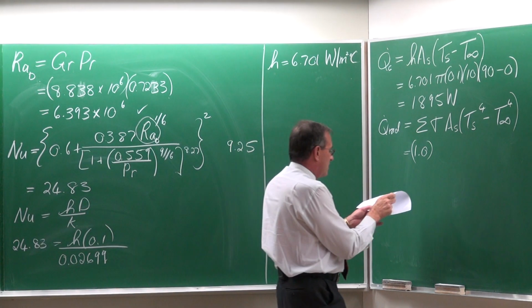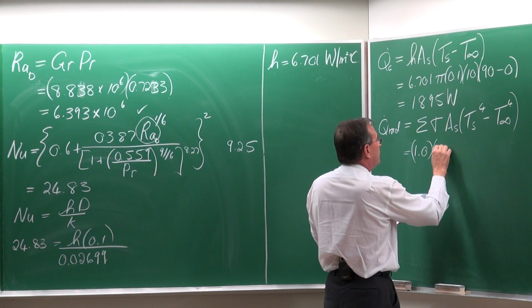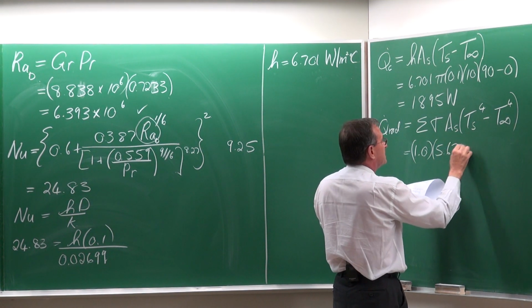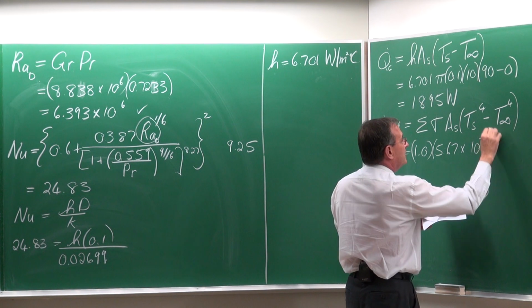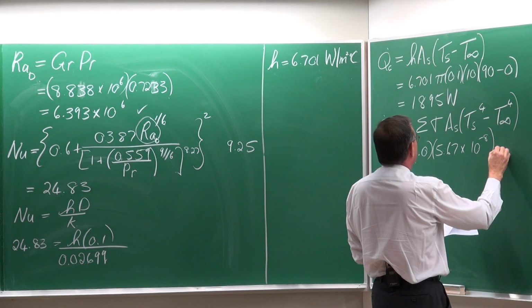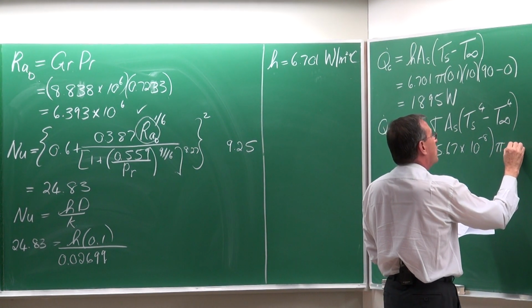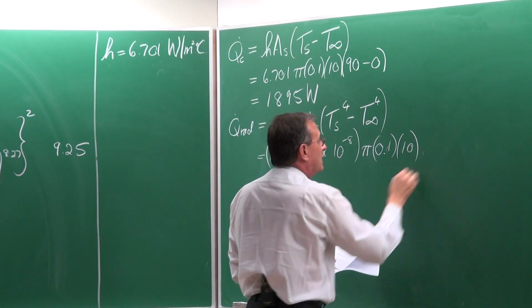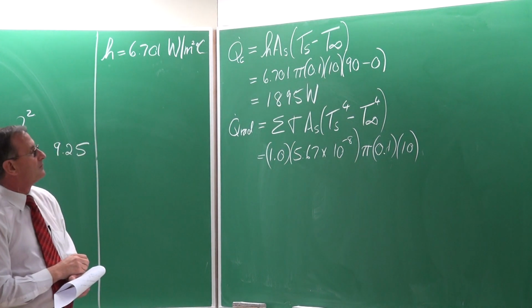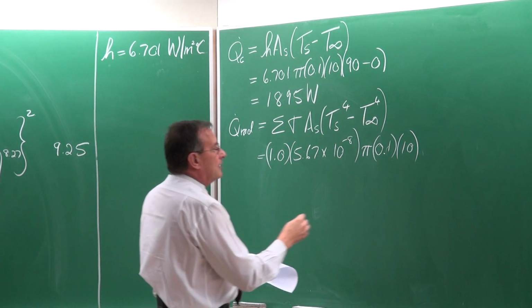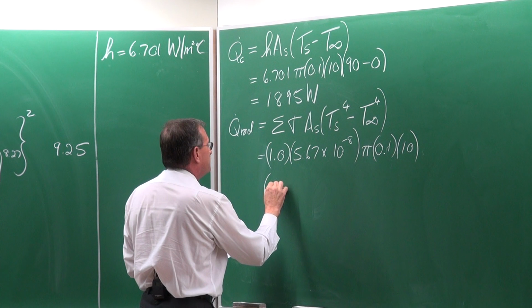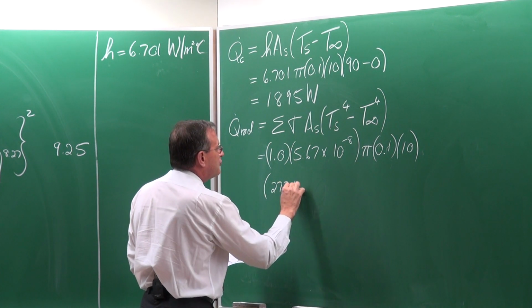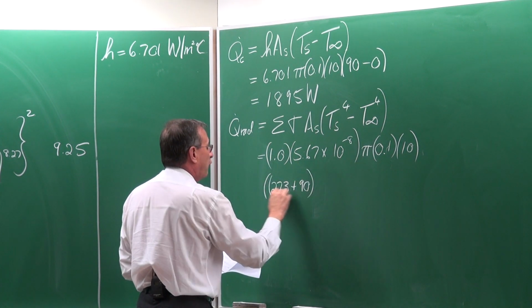So it is equal to 1 multiplied by the Stefan-Boltzmann constant, 5.67 multiplied by 10 to the minus 8, multiplied by the surface area, which is pi multiplied by the diameter multiplied by the length of the tube, multiplied by the surface temperature, which is 273 plus 90 to the 4th.